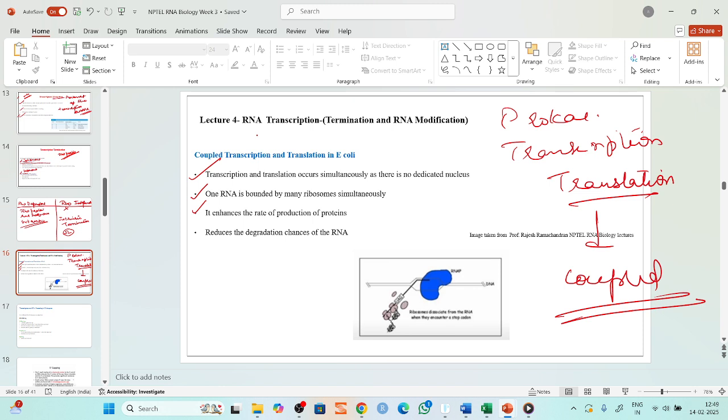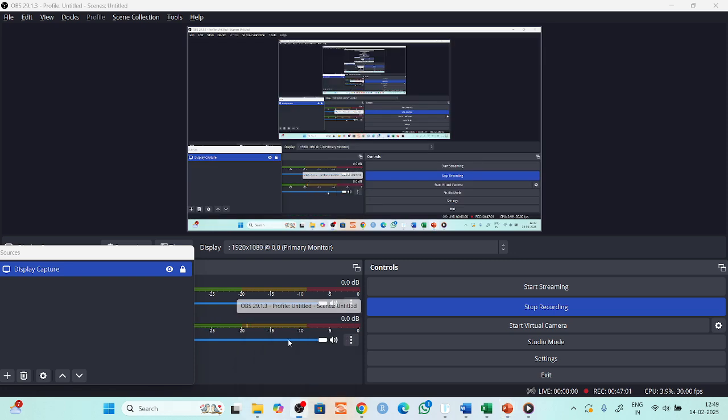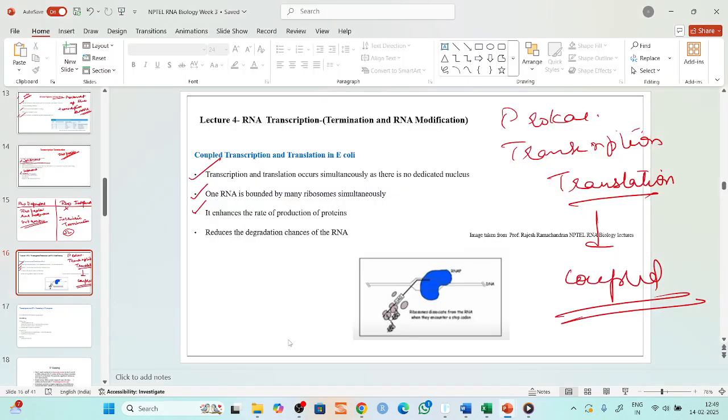So this RNA is very much prone to get degraded. This RNA should not get degraded even before the formation of the proteins. So when transcription and translation are coupled, it is reducing the chances of degradation of RNA. Okay, so this is very important.